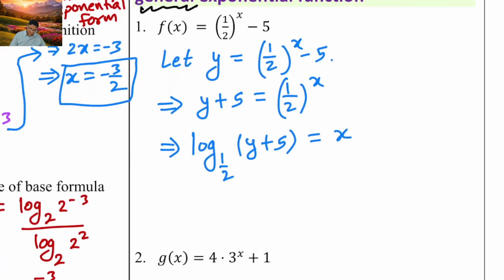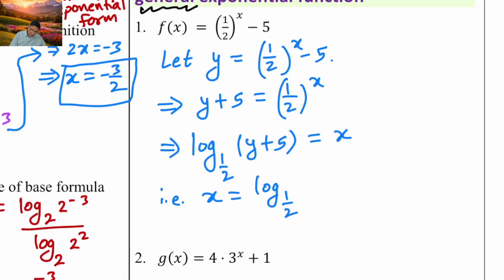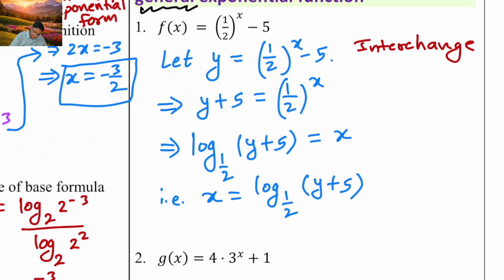That is, I'm writing x in terms of y. So I would write x on the left side, log base half of y plus 5. And finally, interchange x and y. That step is after here.